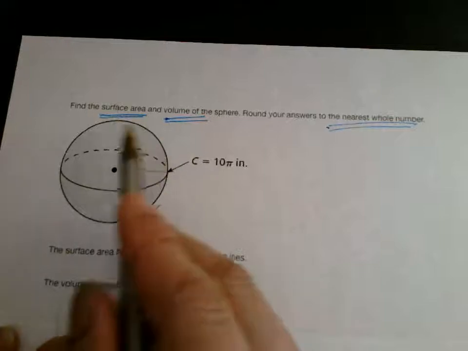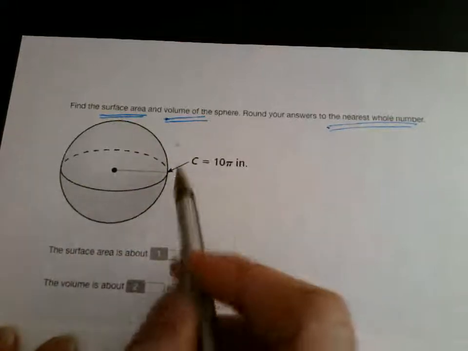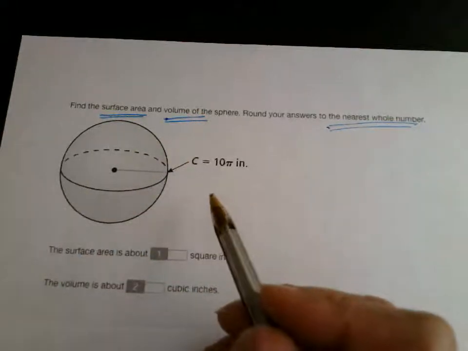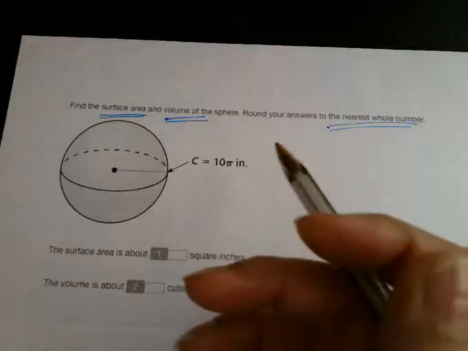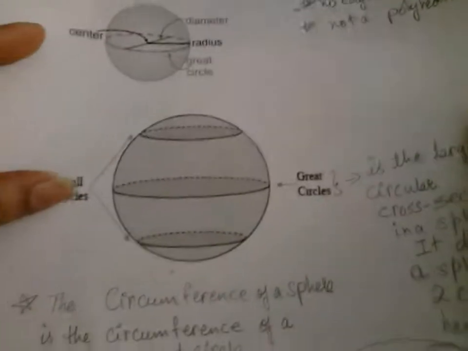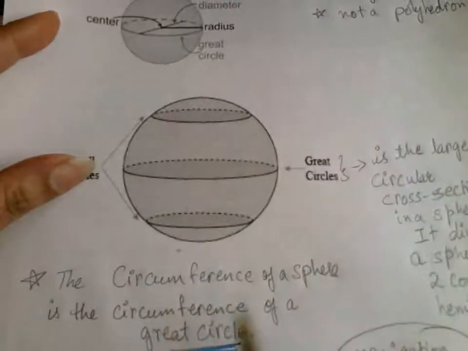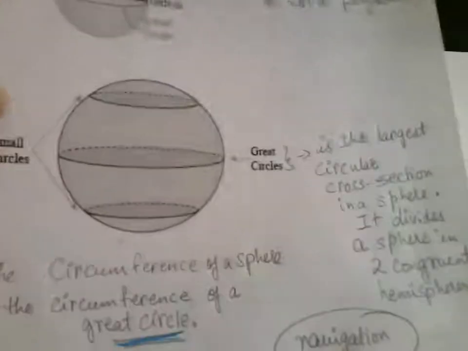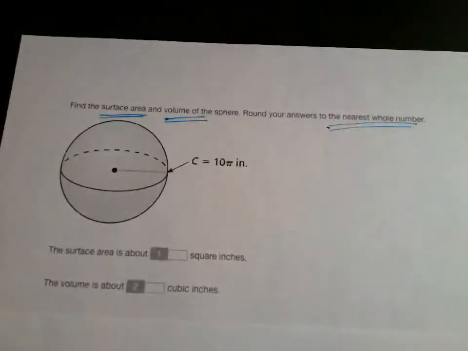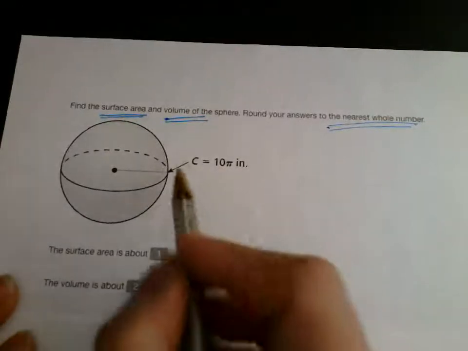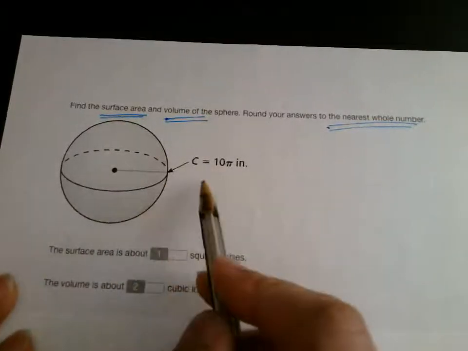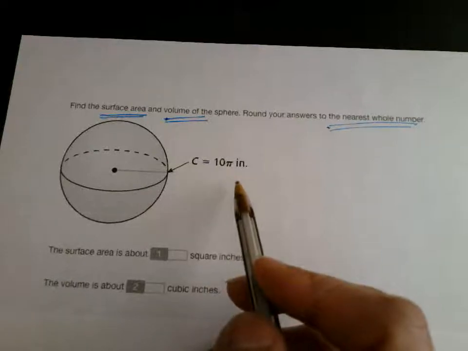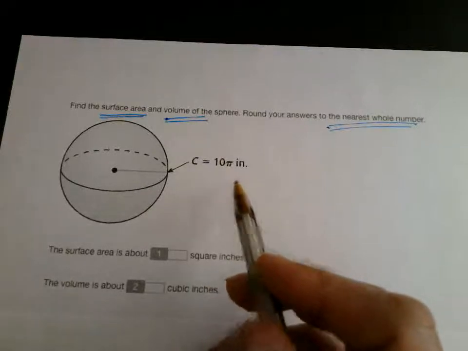Now, C is given to us. C is nothing but circumference. And we have learned earlier that the circumference of a sphere is the circumference of the great circle. Let's apply the same thing. So, if the circumference of a great circle is given to us, that means this is nothing but the circumference of the whole sphere.